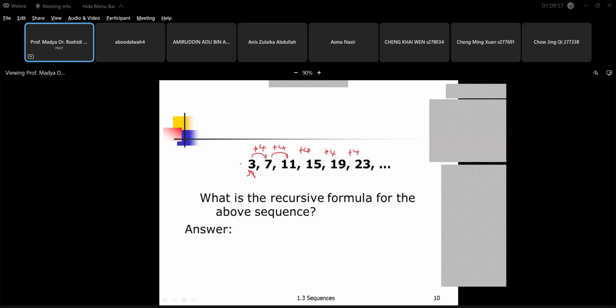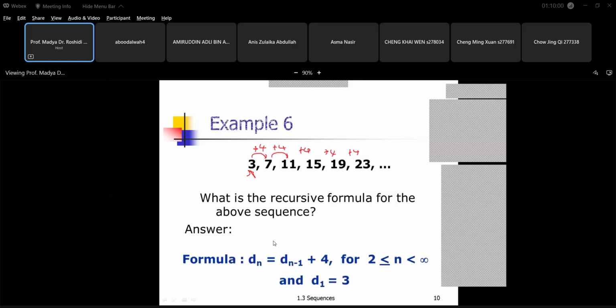So for the formula, now here we utilize D. Previously I said an. Now once here we put D, the others are also D. Here dn equals dn minus 1 plus 4. Why plus 4? Here is a fixed order, ascending order, plus 4. If here I said en, here must change to en, here also must change to en.